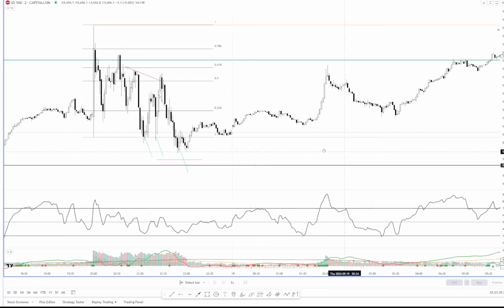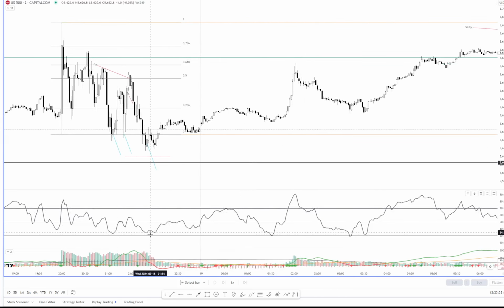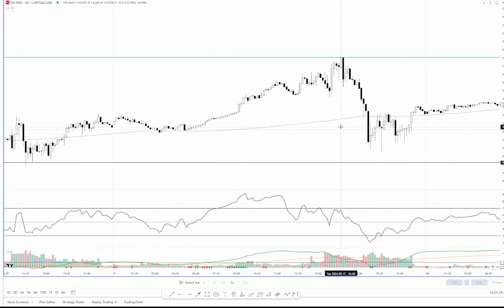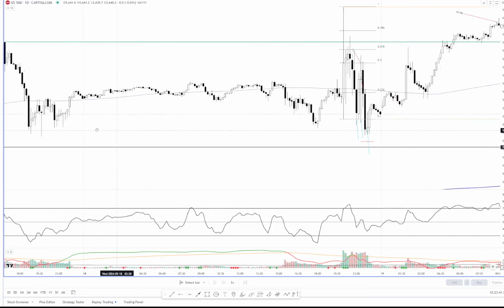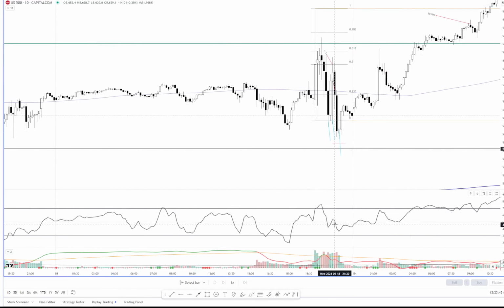That's it. You can use RSI as well, but I didn't go through that. Right? It's a higher low than here, right? Anyhow, that's it. That's the video.